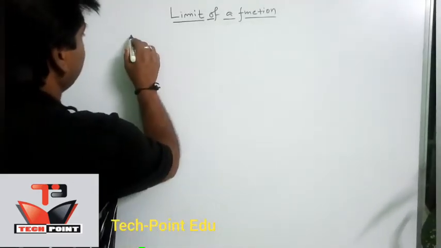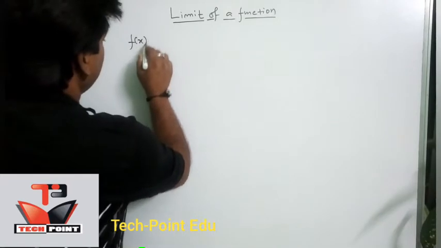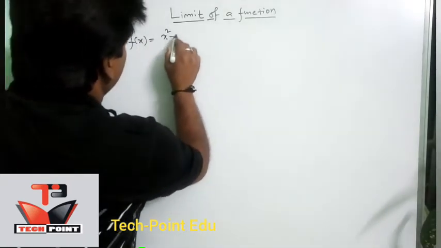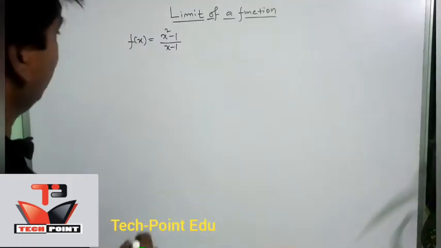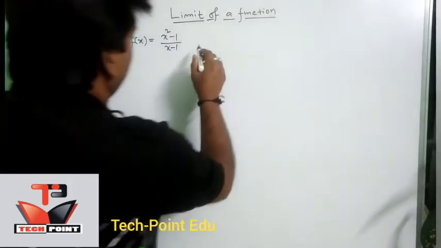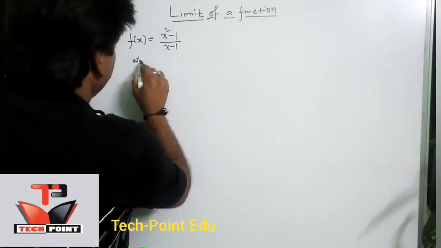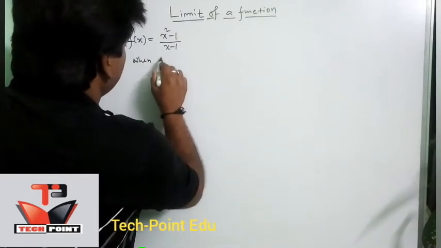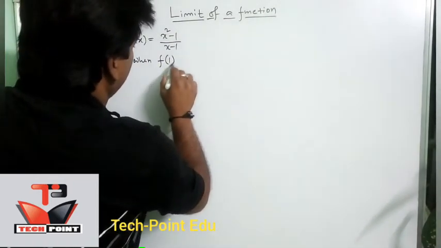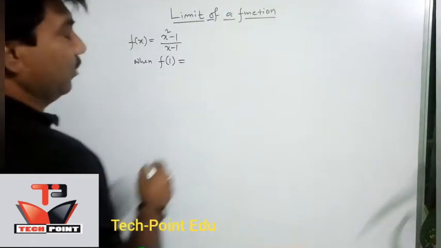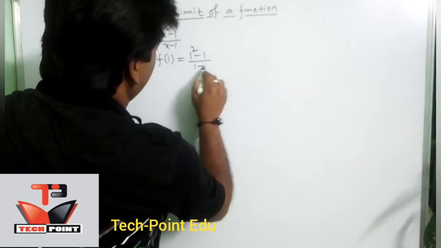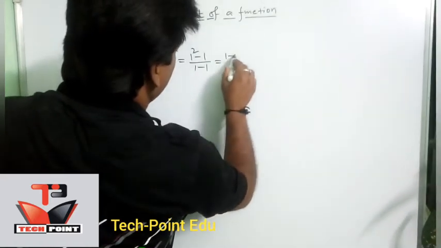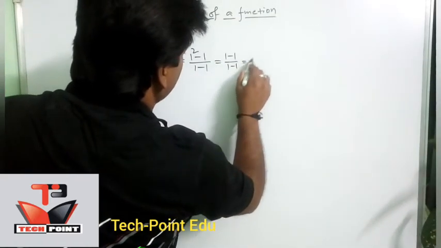Consider a function f of x is equal to x square minus 1 by x minus 1. When we try to find f of 1, at that time what will happen? 1 square minus 1 by 1 minus 1, that is 1 minus 1 by 1 minus 1, which is equal to 0 by 0.